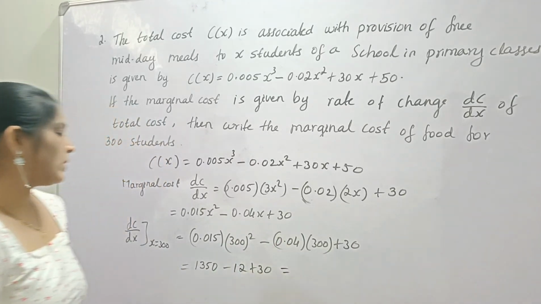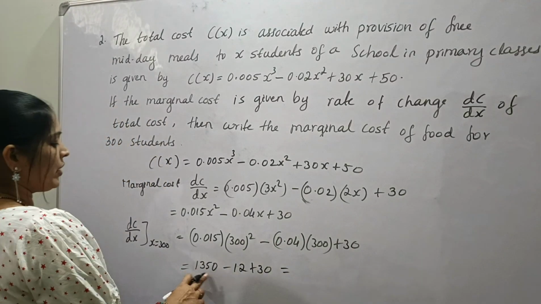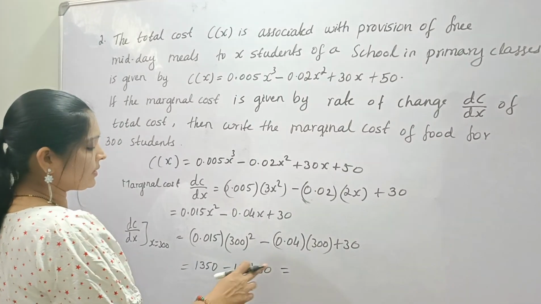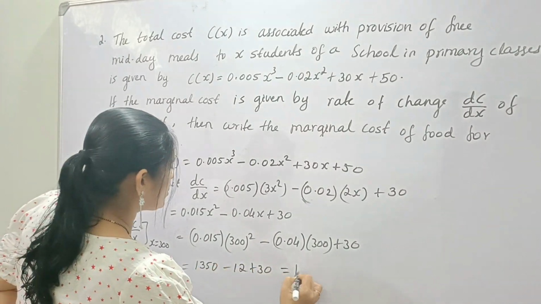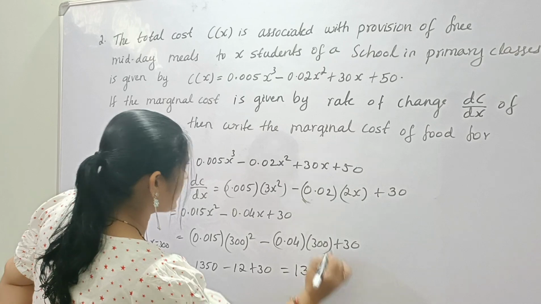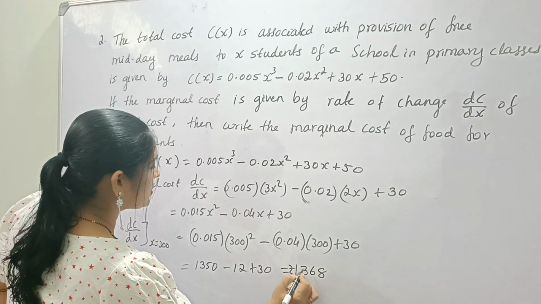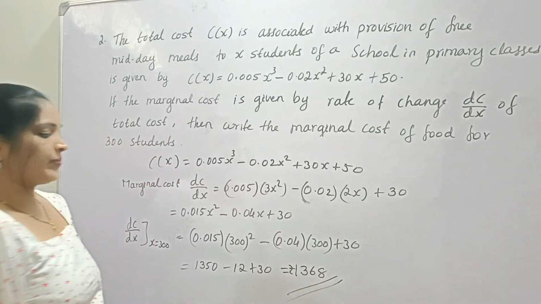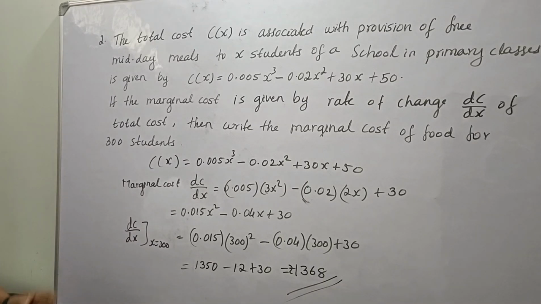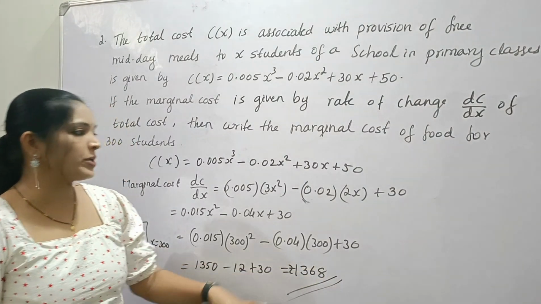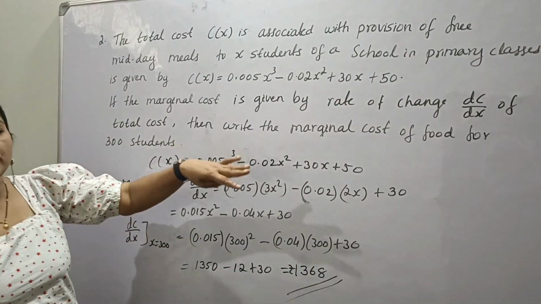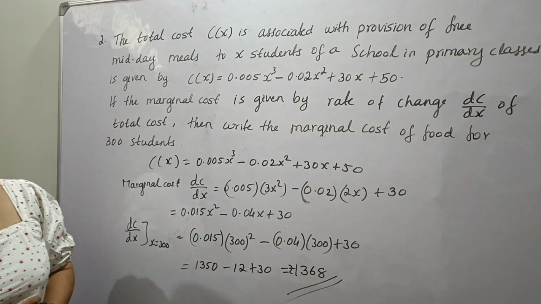That is 1350 plus 30 is 1380, minus 12 is 1368. So rupees 1368 is the marginal cost of food for 300 students.